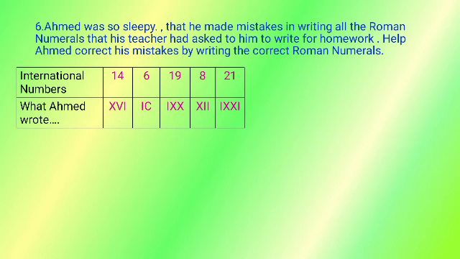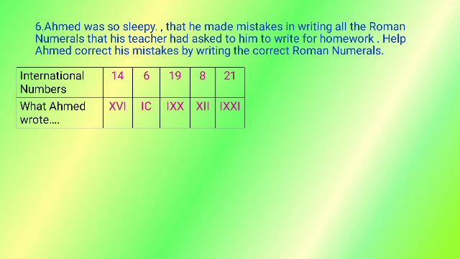For the international number 14, what did Ahmad write? XVI. That is wrong. For 6, IC. Again it is wrong. For 19, IXX. Wrong answer. For 8, he wrote 12, which in international numbers we can say is 12. Again this is wrong. And for 21, IXXI.